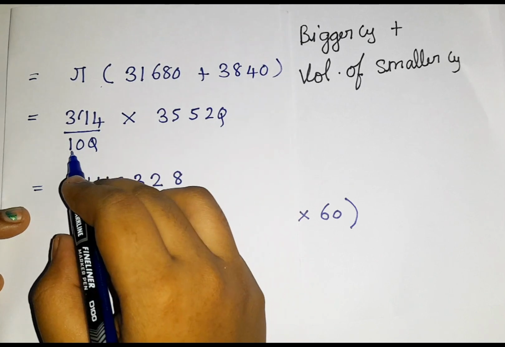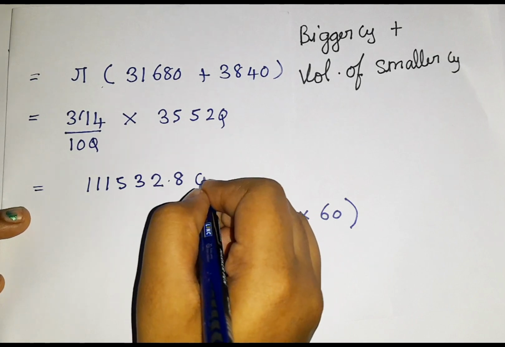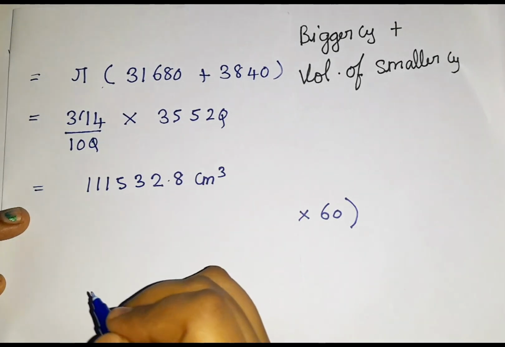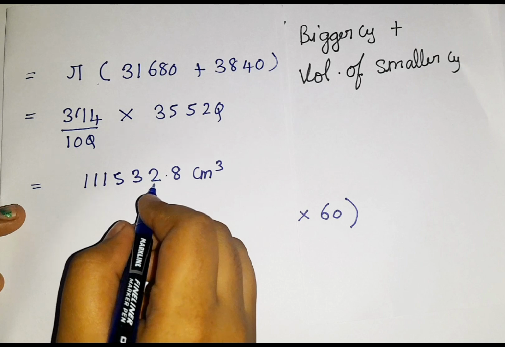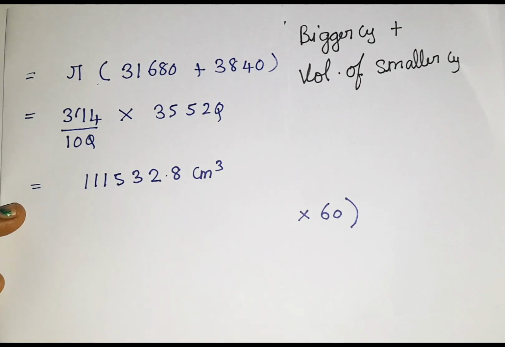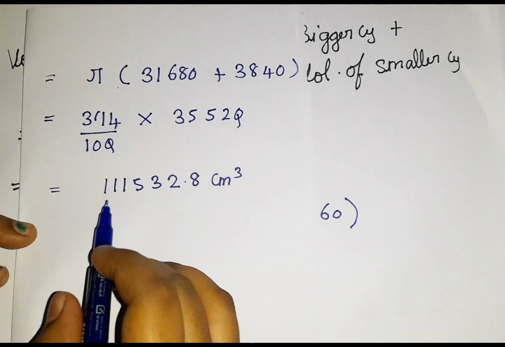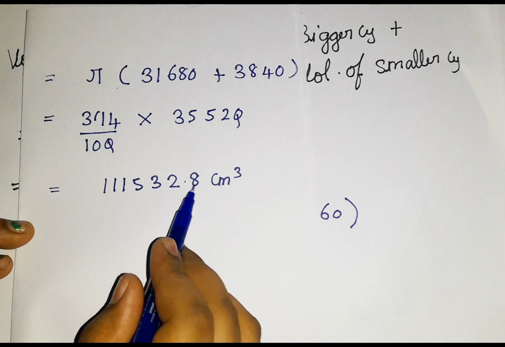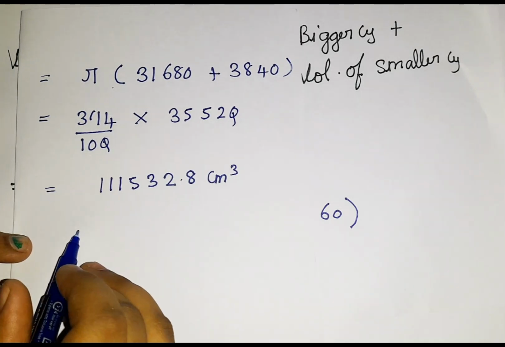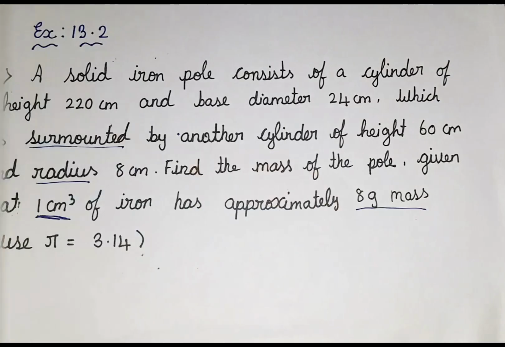Since we have divided by 10, we are supposed to put the point here, and then centimeter cube. Why? Because we found the volume. So now it is okay. So now let us read the value. Okay, so it is 1,11,532.8.